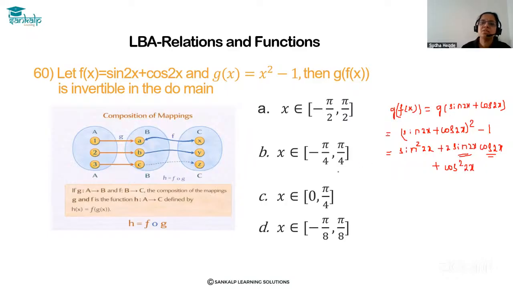What is sine square x plus cos square x? It is 1, right? Instead of x we have 2x, that is also 1. So let us take sine square 2x cos square 2x together, and later on we will substitute that as 1 plus, so I forgot to write here the last term minus 1. Write that one.